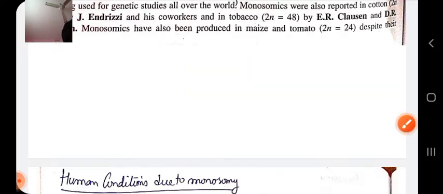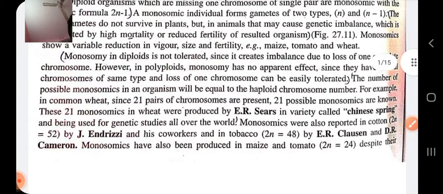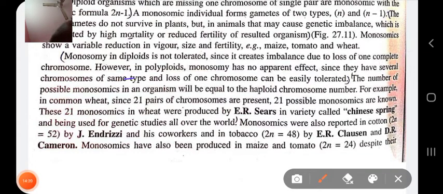Now let us see how monosomy can be easily produced in polyploids. In polyploids monosomy has no apparent effect because they have several chromosomes of the same type, and the loss of one chromosome can be easily tolerated.